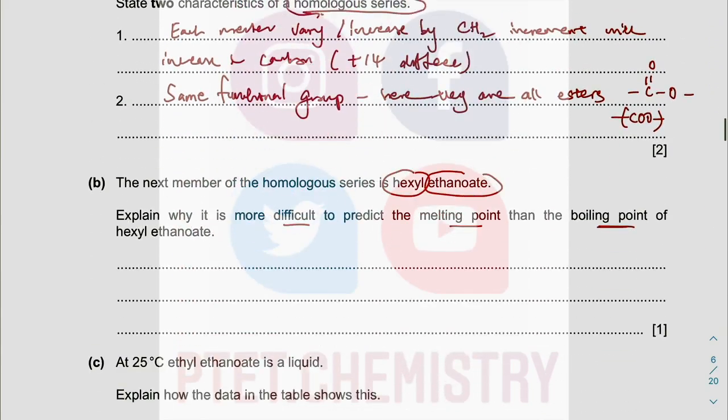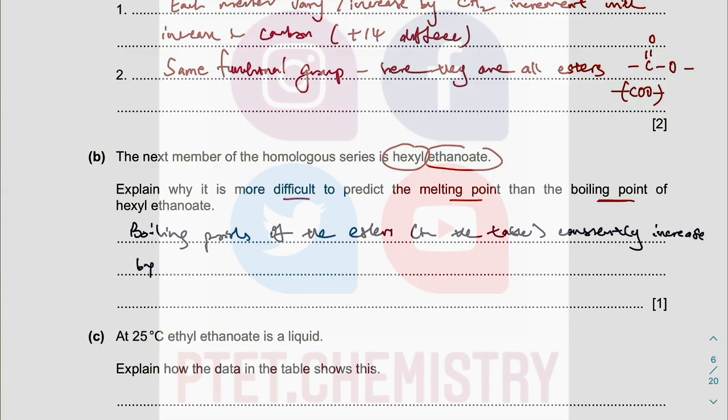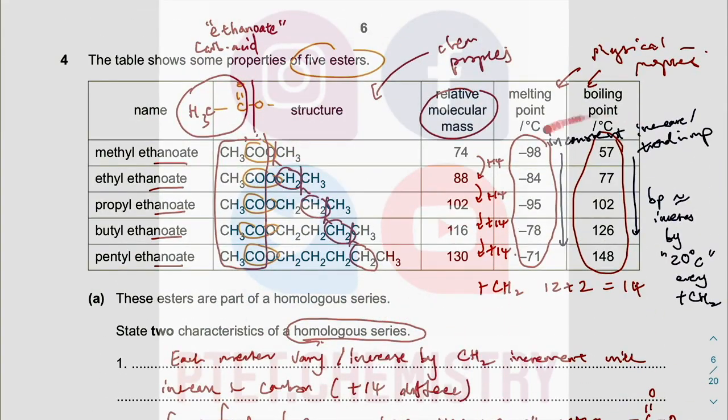So actually they're asking you to relate to the table, all right? So the boiling points of the esters in the table consistently increase. The boiling point increases by roughly 20 degrees Celsius for every increase of CH2 as stated in the table, as I mentioned just now in my discussion.